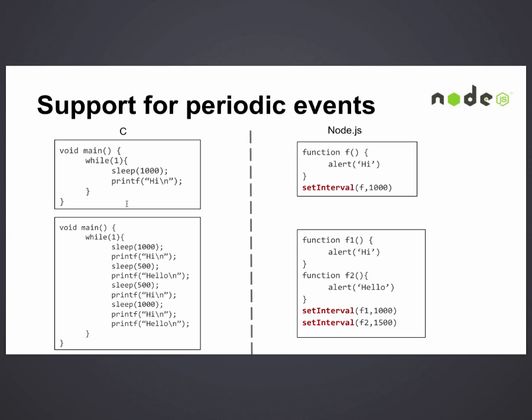So you have a 1 second sleep and then hi, and then 500 milliseconds, and after that hello again, and so on and so forth. If there are more requests over here, the equivalent version in C will be extremely long. You need to handle all these things in C yourself, whereas for Node.js, you don't need to. You can just write it in a simple manner and it will work.